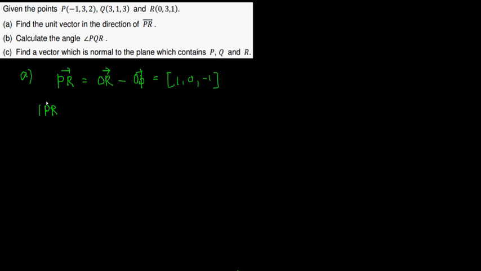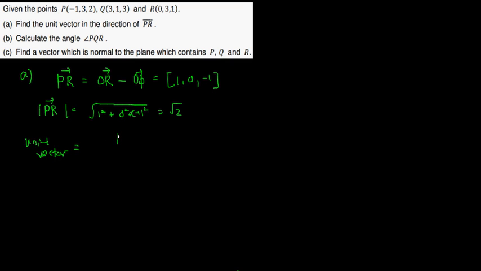So let me tabulate the magnitude. By its definition, we take all the components and square them and find the sum of those squares. It should be square root of 2. And so the unit vector, by definition again, is defined as this.